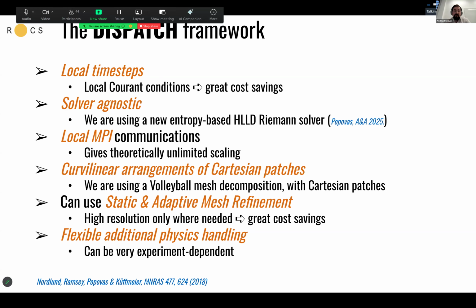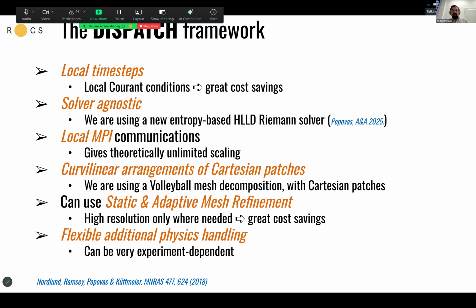DISPATCH as well has local MPI communication, which gives theoretically unlimited scaling, and you can run as large simulations as you really need to without penalty from MPI. DISPATCH also can have curvilinear arrangements of Cartesian patches, and we are using so-called volleyball mesh decomposition, which I will introduce later.